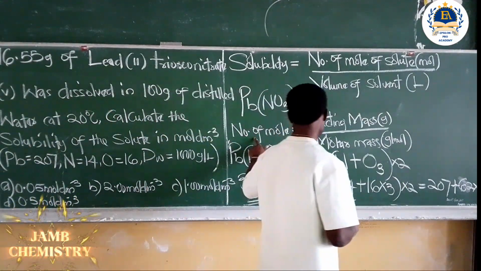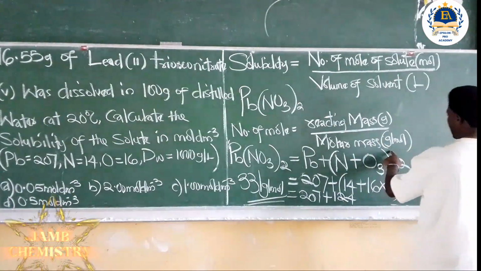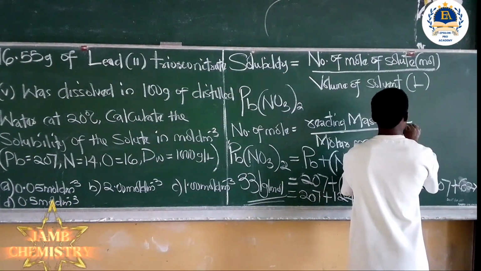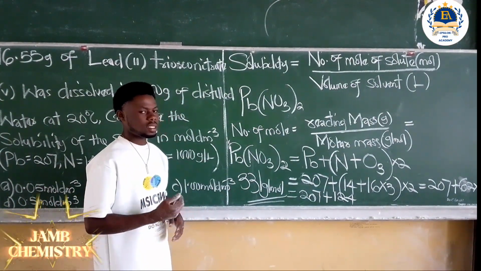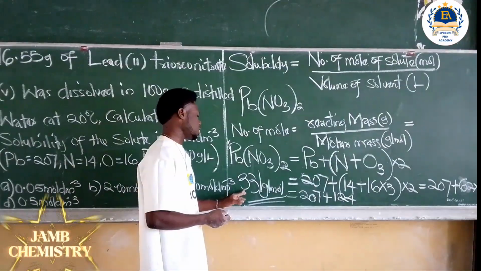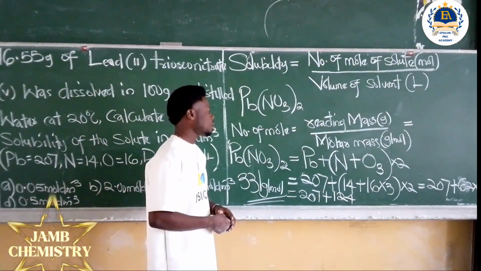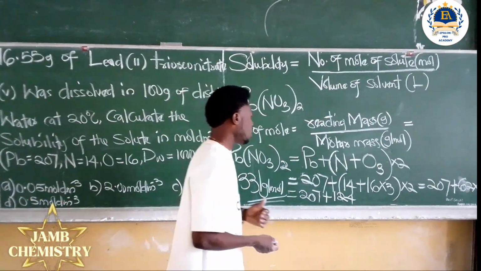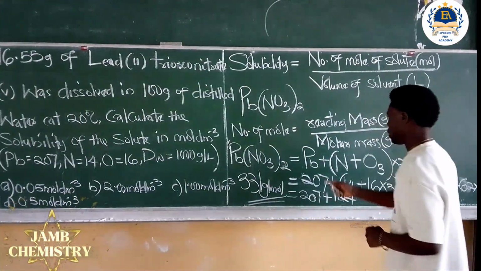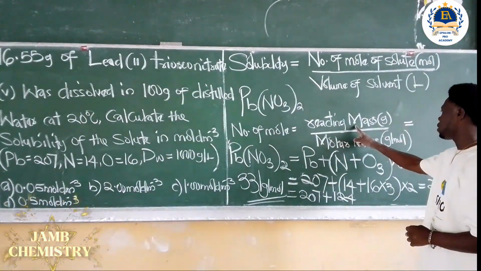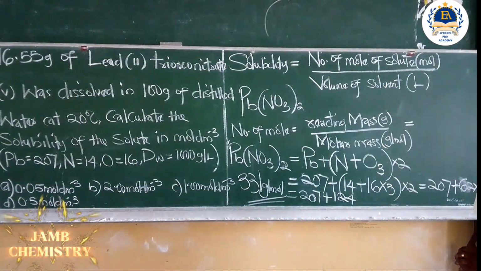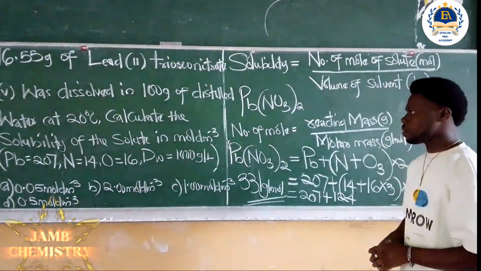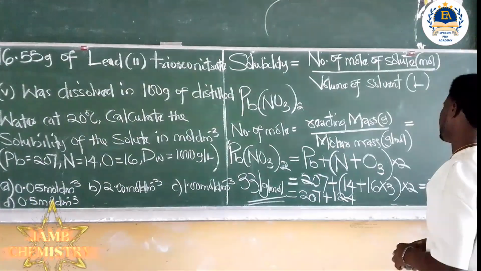So from this formula, number of moles is equal to reacting mass over molar mass. At this point, the molar mass of lead(II) trioxonitrate(V) has been determined to be 331 gram per mole. We can get the number of moles of the compound. Reacting mass is in grams, and in the question on the board, reacting mass is given as 16.55 grams.